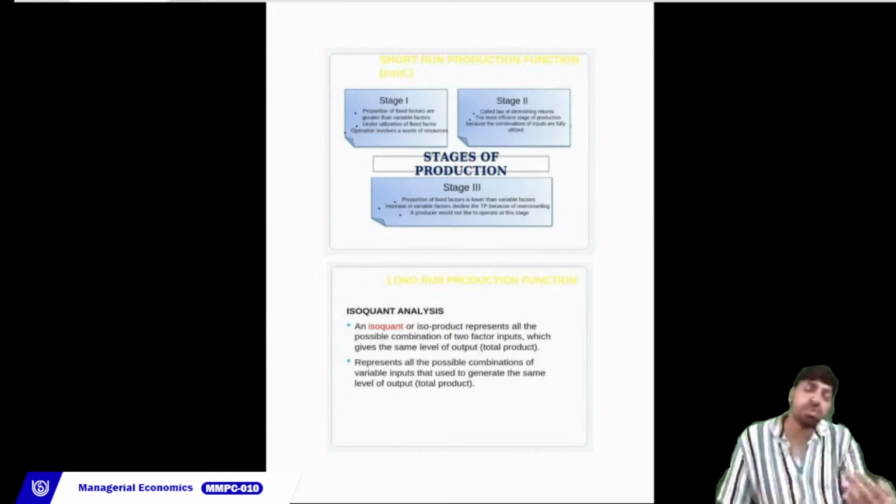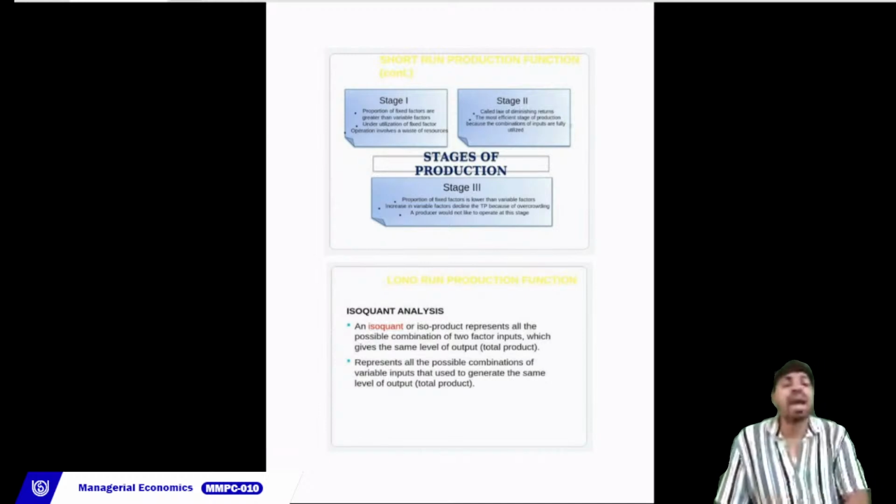So if any manufacturer or researcher utilizes the maximum variable inputs, it automatically declines the total product, and that's called the overuse or overcrowding of the variable inputs.